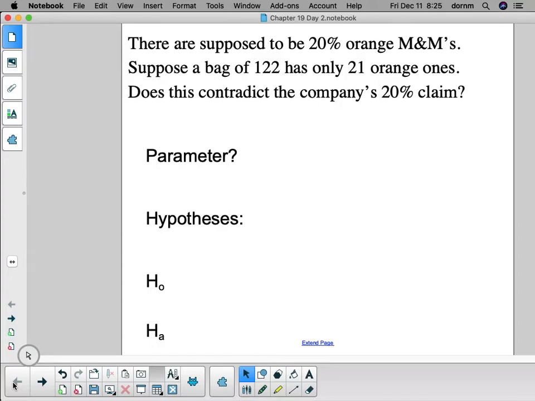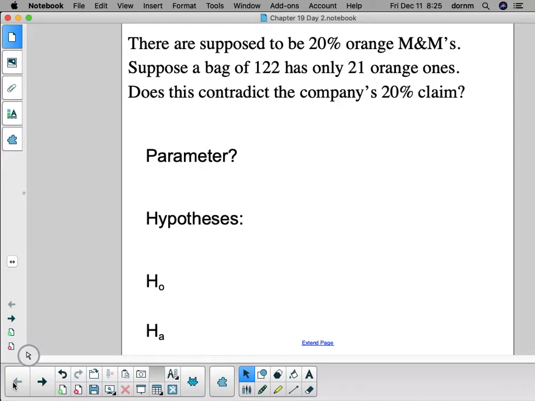Okay, there are supposed to be 20% orange M&Ms in a bag. And I get a bag of candy that has only 21 orange M&Ms. Do we think that is evidence to contradict the company's claim that there's 20%? Okay. Fair enough question.